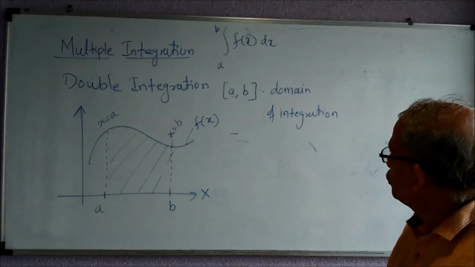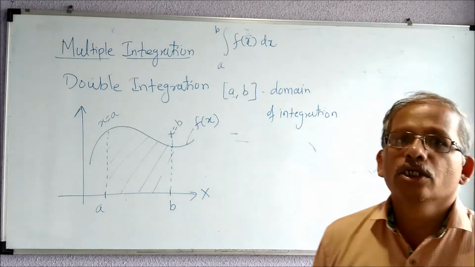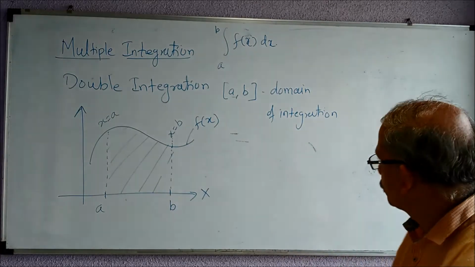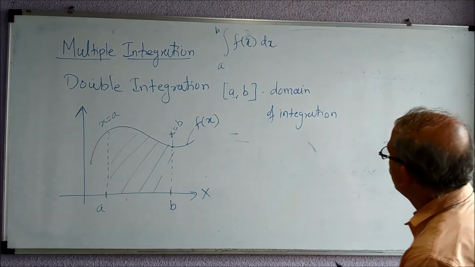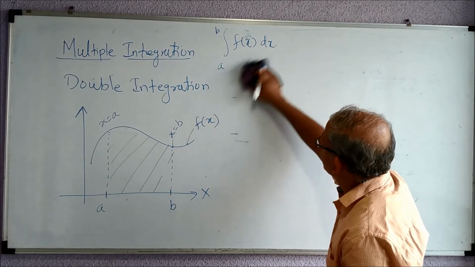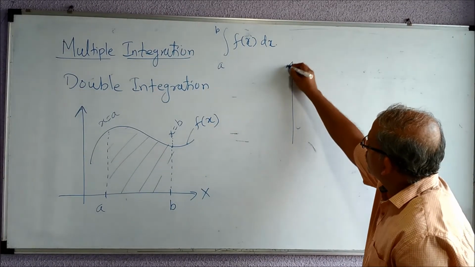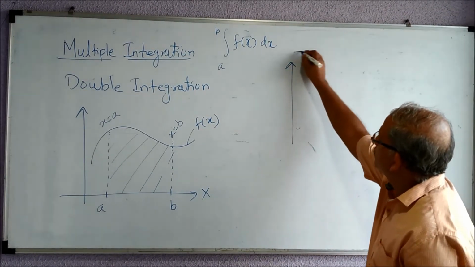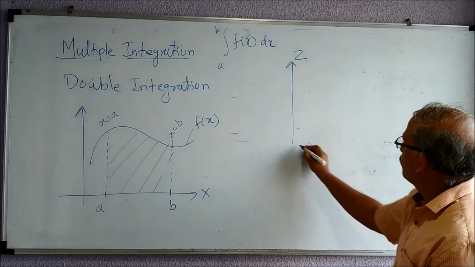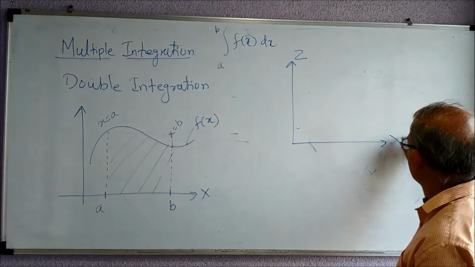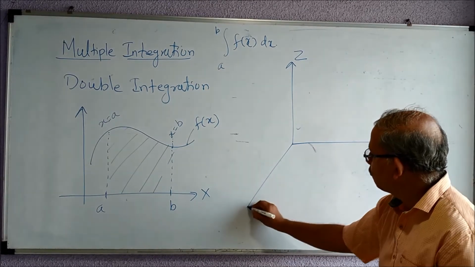When you generalize to double integration, you have to come to a three-dimensional picture. So let's draw a three-dimensional picture: this is the z-axis, then we have the x-axis and the y-axis.